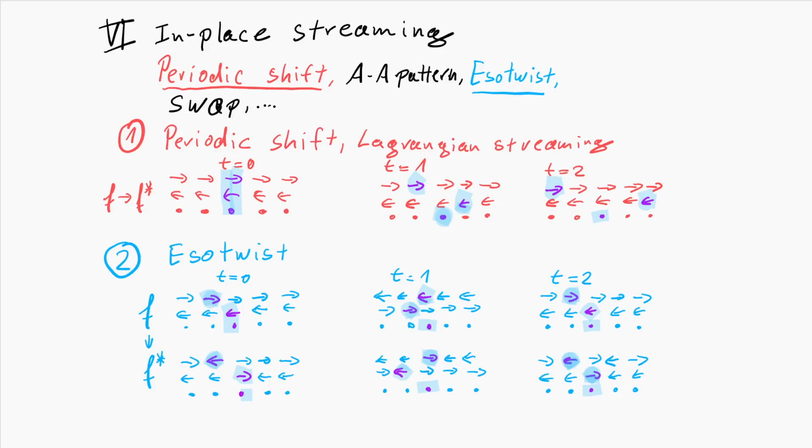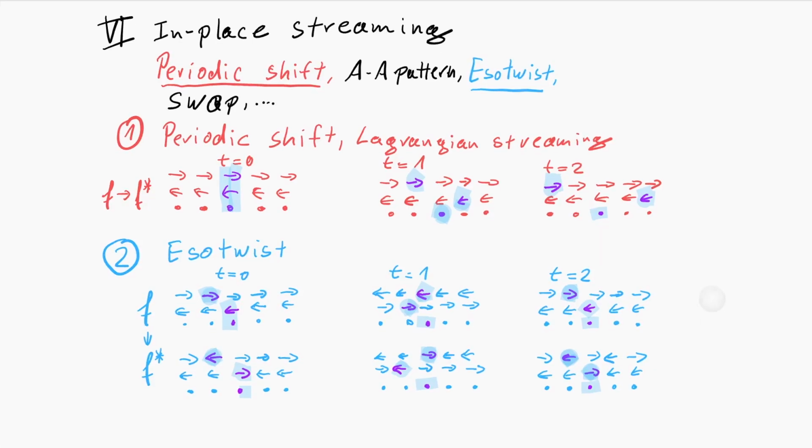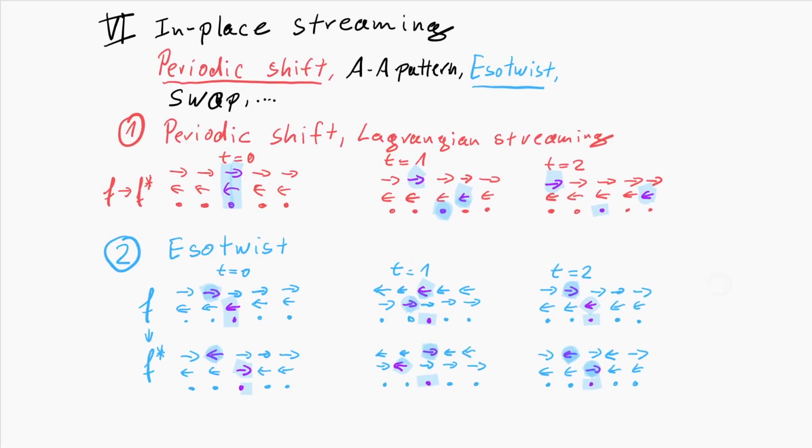Okay, so this was probably the first in-place streaming algorithm, and another one that we are using is the Esoteric Twist. Esoteric Twist keeps this data locality. So in the periodic shift, what happens is that the data goes further and further away.